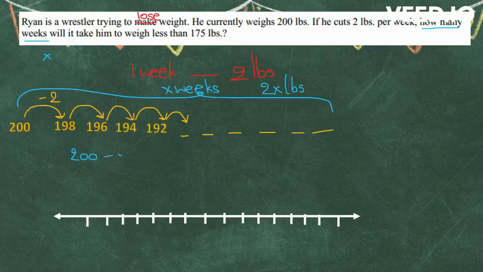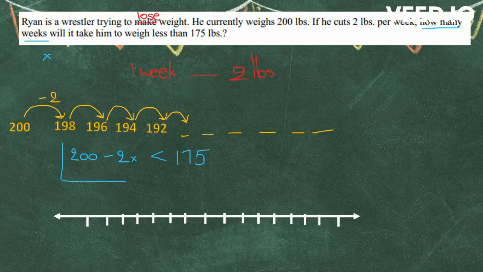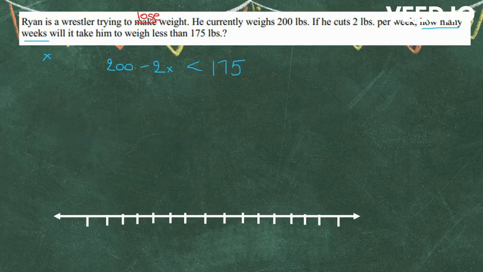So 200 minus 2x. 2 pounds every week. So 200 minus 2x should be less than 175. So this is the inequality. He should go to a weight less than 175. So let's try to solve this.